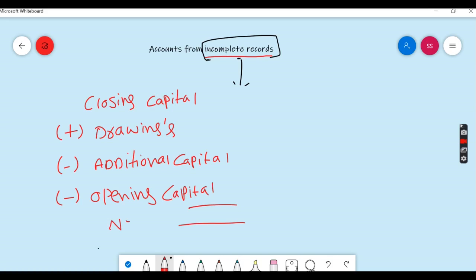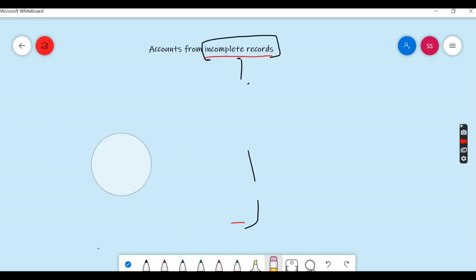What you will get is the profit, right? See, it's nothing new, even if you think in a normal way. No accounting in this. A layman can also think in the same way.